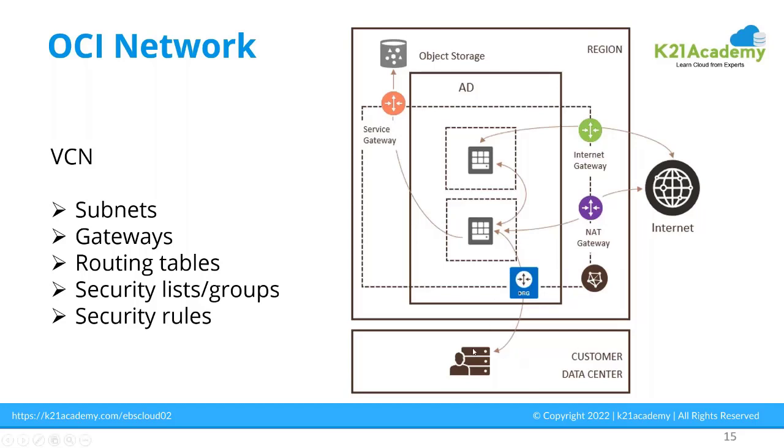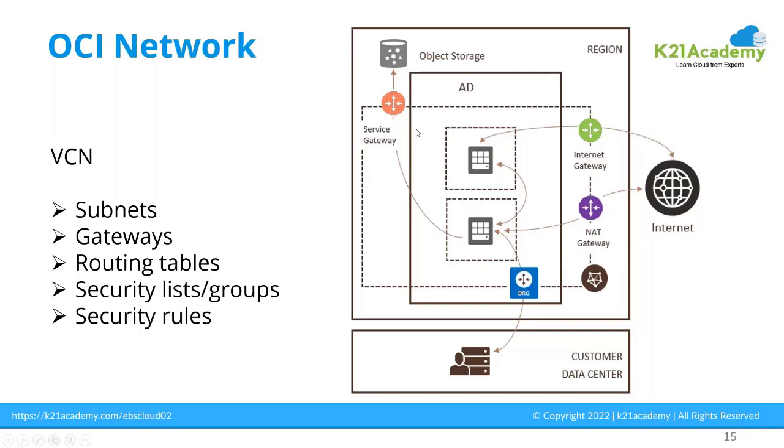If you have an on-premise data center and you want to access the VCN or Oracle Cloud Infrastructure in a secure way, you use the dynamic routing gateway, which accesses it securely from your on-premise data centers. The DRG accepts only connections from private channels.